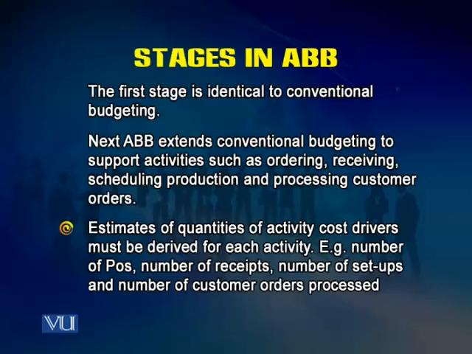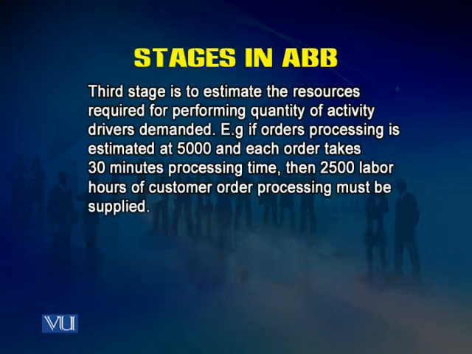These were used earlier on as cost drivers, so the quantity of the cost drivers will need to be assessed. The third stage is to estimate the resources required for performing each activity driver demanded. For example, if order processing is estimated at 5,000 and each order takes 30 minutes processing time, then 2,500 labor hours of customer order processing time must be supplied.